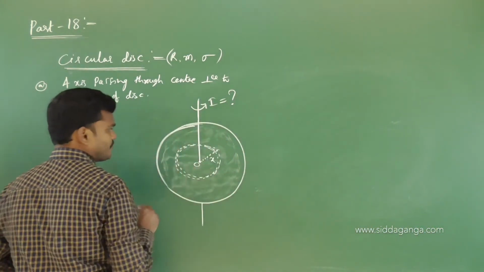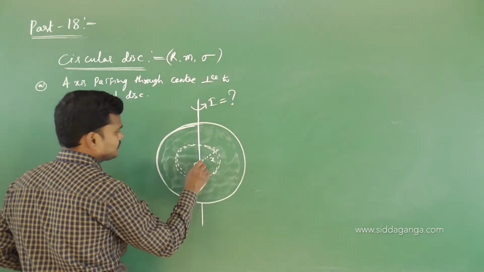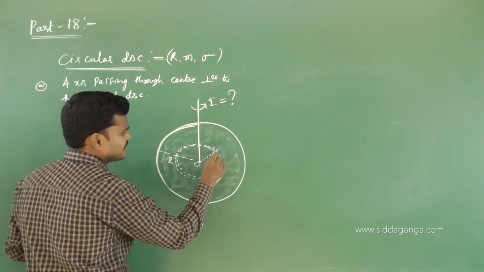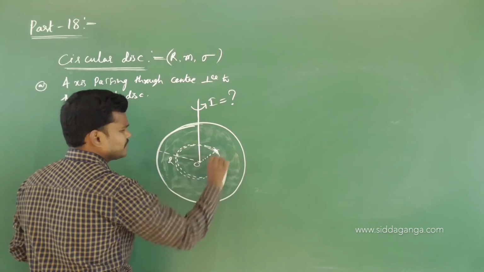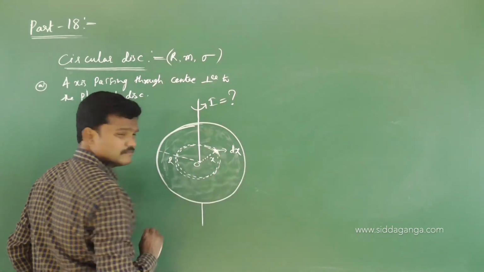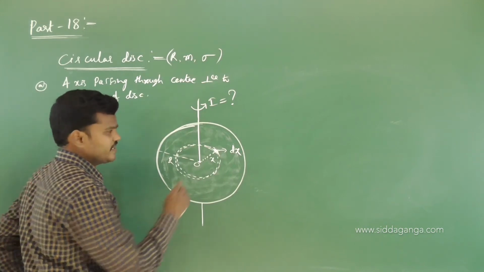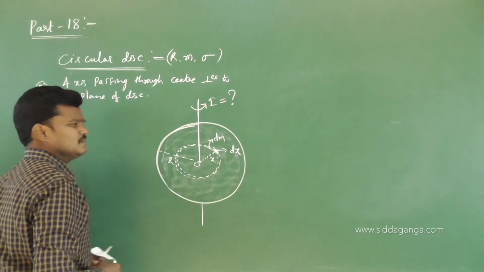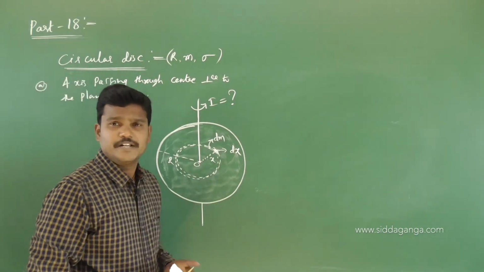Anyhow, at a distance of x, total radius is r. This radius is r. At a distance of x, I am taking a small part whose thickness is dx, and this part will have mass dm.